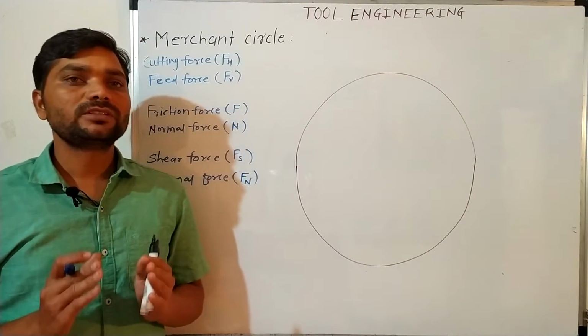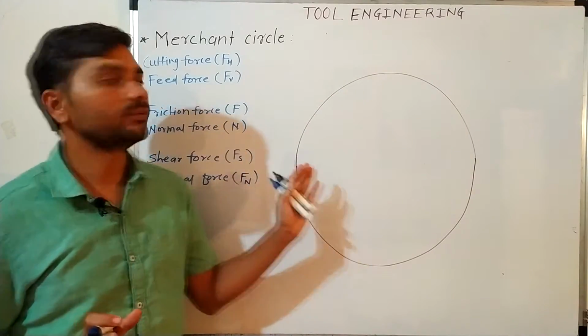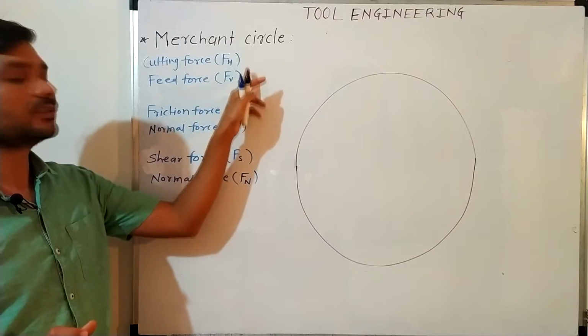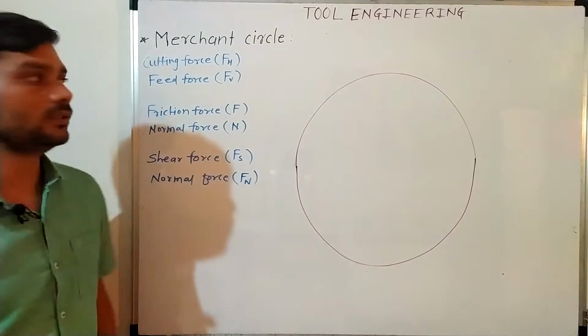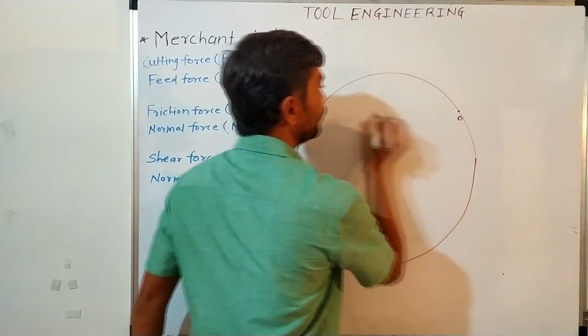Now here we will see the final Merchant circle. Here we have to draw the final Merchant circle with the help of these 6 forces. So first we will see the first set of force over the Merchant circle. First we take one point here which is considered as the O point.